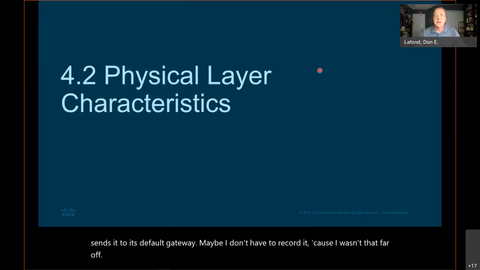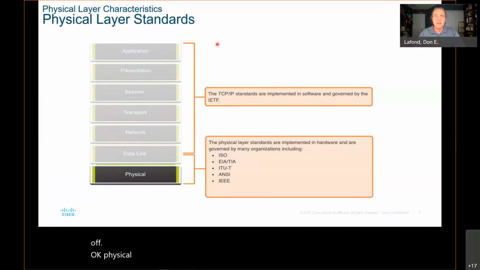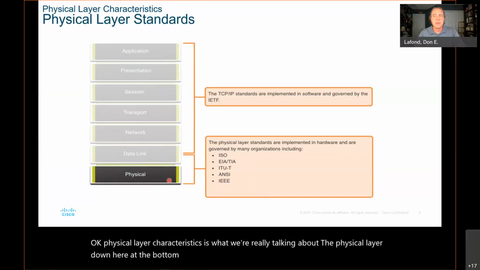Okay, physical layer characteristics. This is what we're really talking about. The physical layer down here at the bottom is implemented in hardware and governed by many organizations, including the ISO, the EIA, TIA, ITU, ANSI, and IEEE.